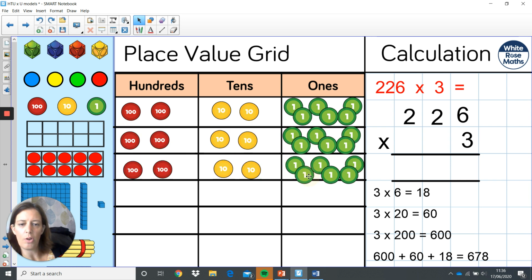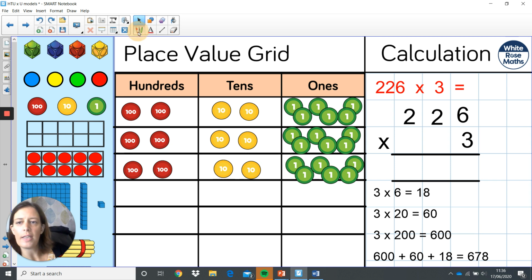So that's what it would look like on our place value chart. Let's have a look at it in the short multiplication. So the first thing we did was we got the 6 3 times. 6, 6, 6. 3 sixes are 18.